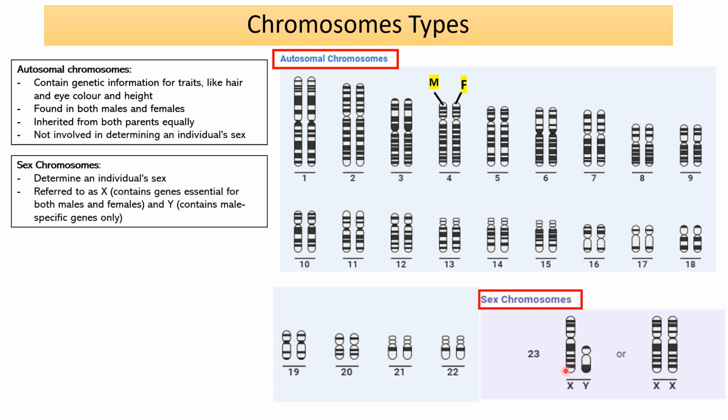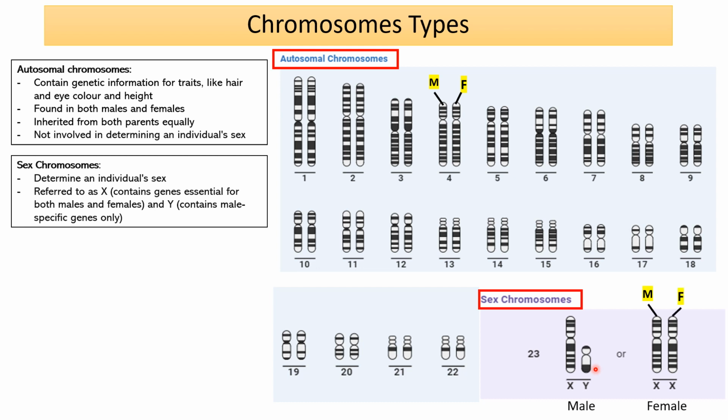The main difference is that the X chromosome carries genes that are involved in both male and female characteristics. However, the Y chromosome only carries genes that are specific to males.